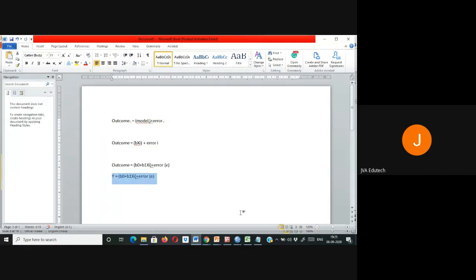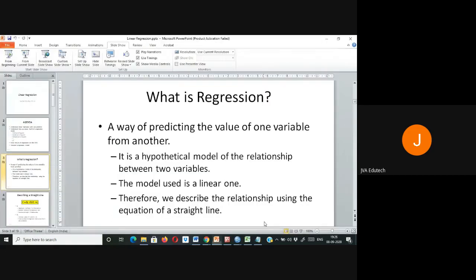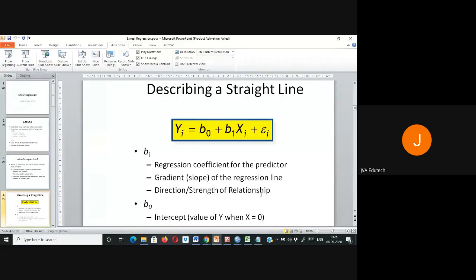Now, in this equation, b0 and b1 are the regression coefficients, and we will be using them throughout our entire understanding of what exactly a regression is.